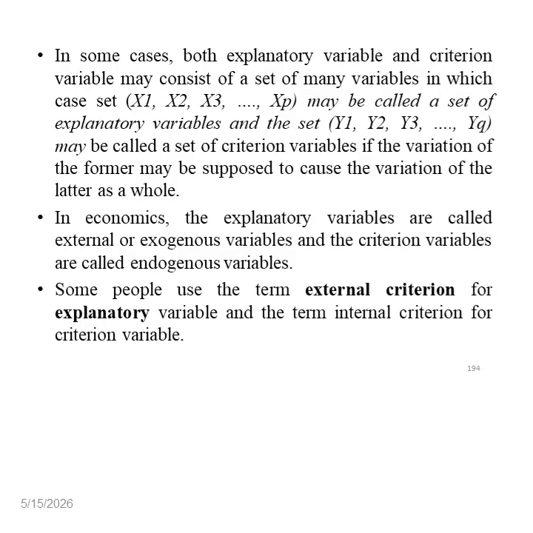In economics, the explanatory variables are called exogenous variables, or external parts, which affect the internal one. And criterion variables or dependent variables are called endogenous variables, the affected variables.